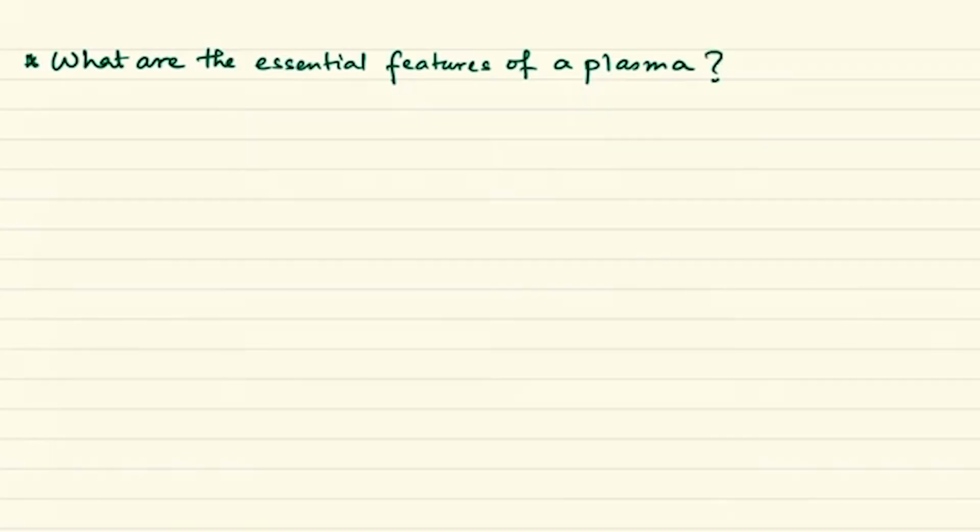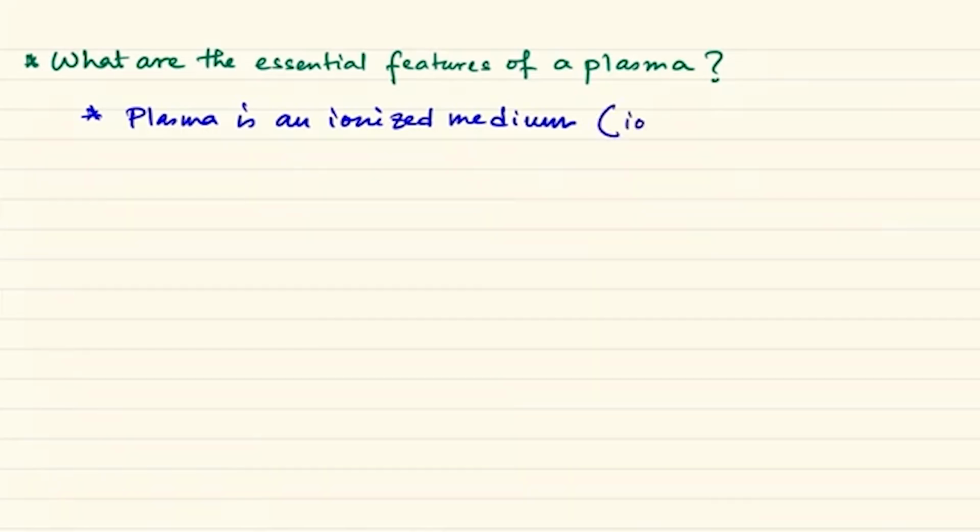Okay, so as I just said, first of all, plasma is an ionized medium, right? So we all agree that plasma is not a neutral medium. It is an ionized medium, but it can contain ions, electrons.